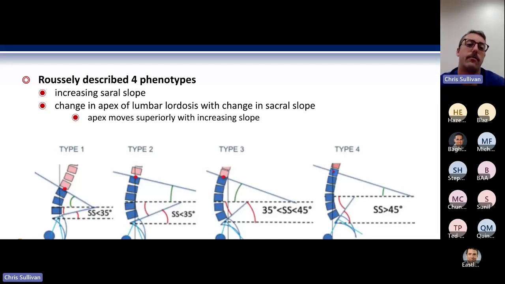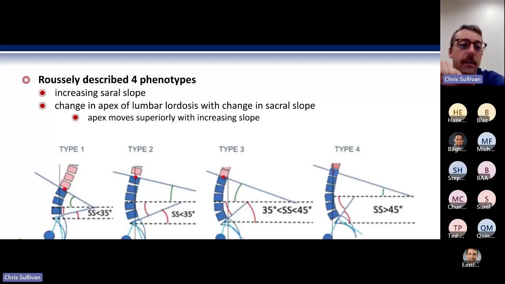Some decades ago, Dr. Roussouly described 4 phenotypes of this spinopelvic anatomy, with generally increasing sacral slope throughout the 4 different types. The main takeaway from this, I think, is that as sacral slope and pelvic tilt increase, the lumbar lordosis, as a compensatory mechanism, will increase as well. And what that often does is the apex of the lumbar lordosis can change significantly depending on the increasing slope.